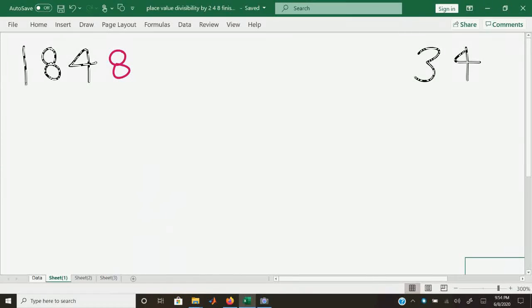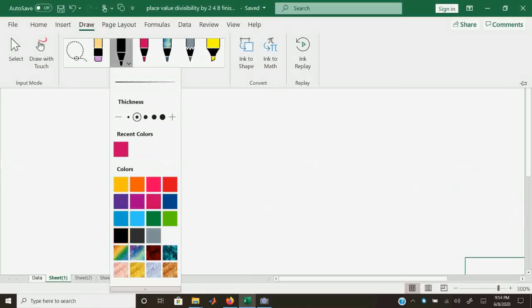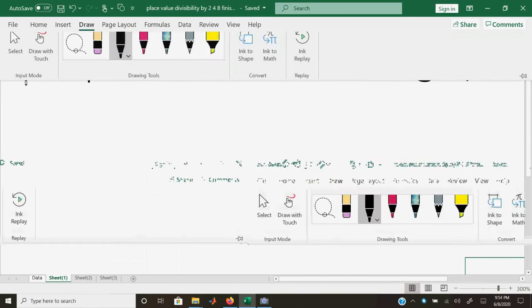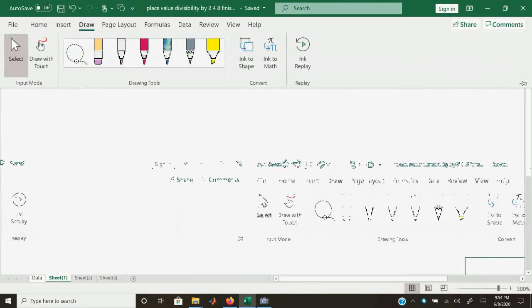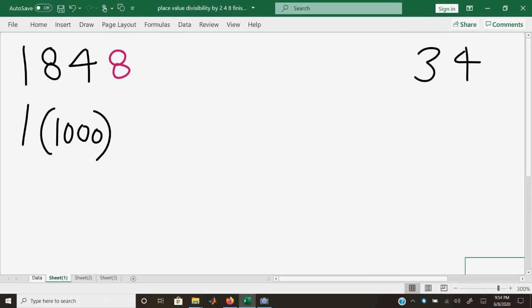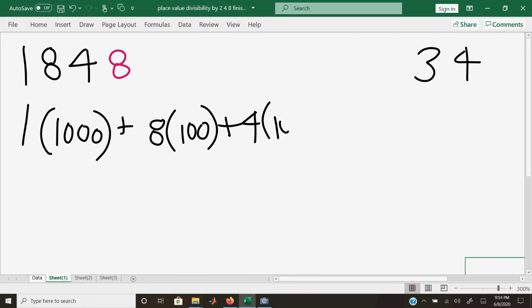So I'm going to call that 1 times 1000, because that's what it means when the 1 is in the thousands place, plus 8 times 100, plus 4 times 10, plus 8.